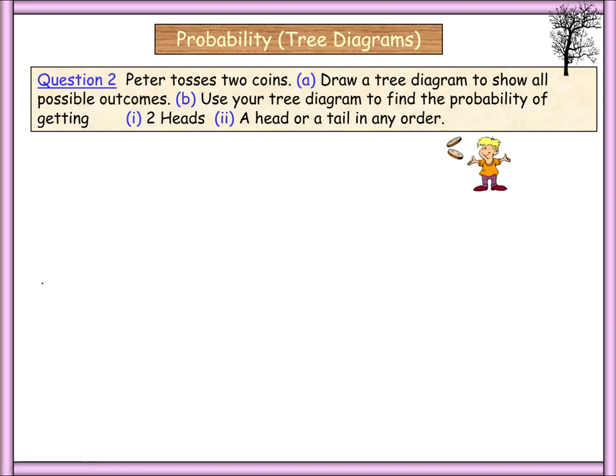Okay, so we've got our tree diagram. The 2 possible outcomes, heads or tails. Probability of heads is a half, probability of tails is also a half. And then we split it up again, because he does it twice.